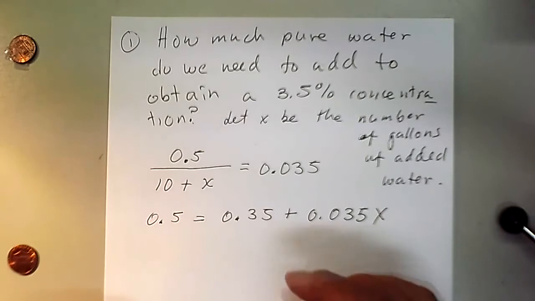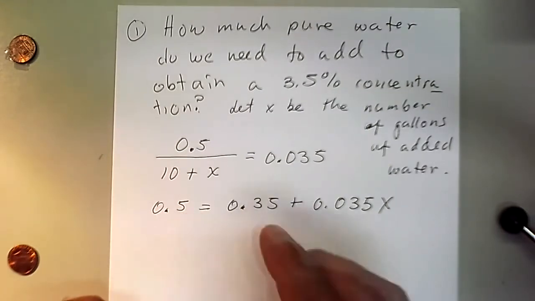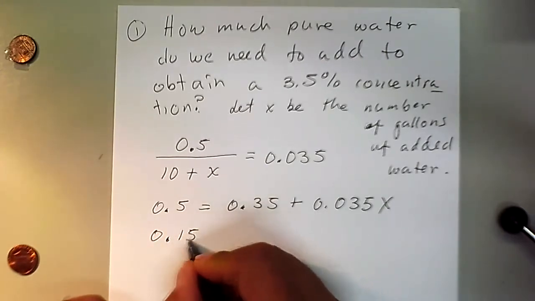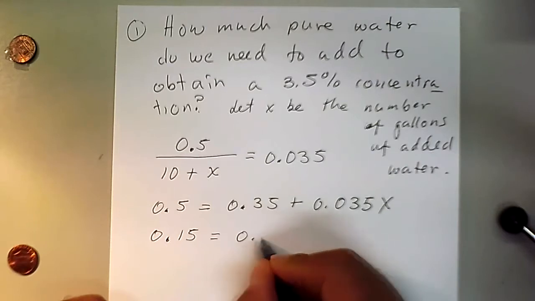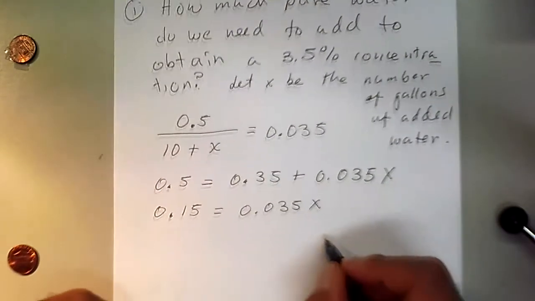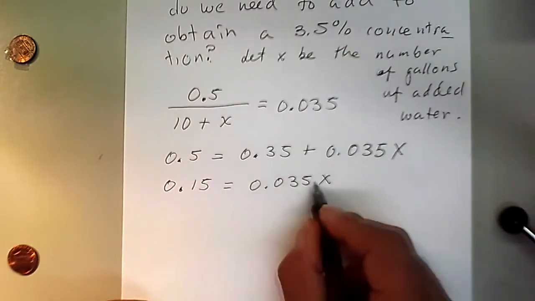Okay. Subtract 0.35 from 0.5. So we end up with 0.15 equals 0.035x. And then we can divide by this coefficient.